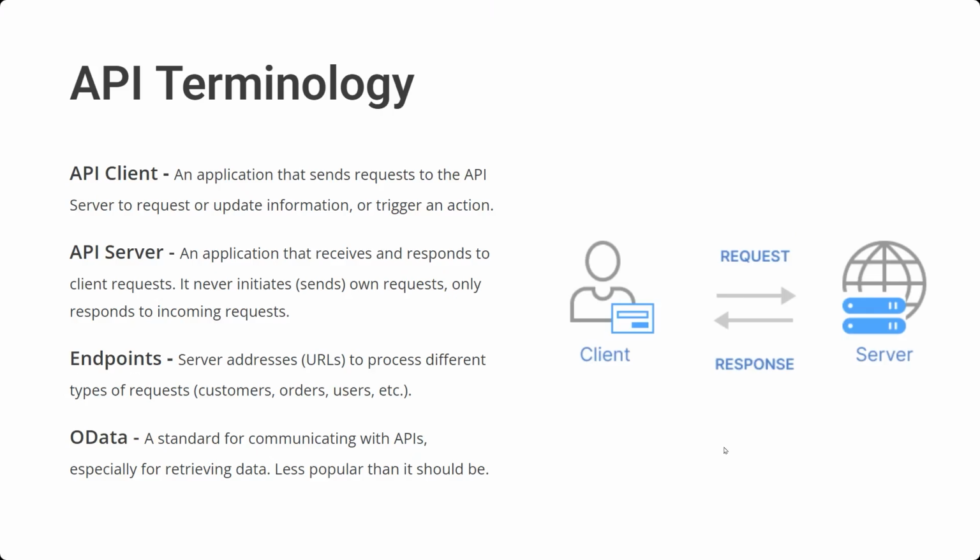Finally, endpoints. What are endpoints? Well, a server can process different types of requests, for instance, give me a list of customers, or give me a list of orders, or update this user information with a phone number. So since the server can handle different types of requests, for convenience, these requests can be sent to different addresses or URLs.